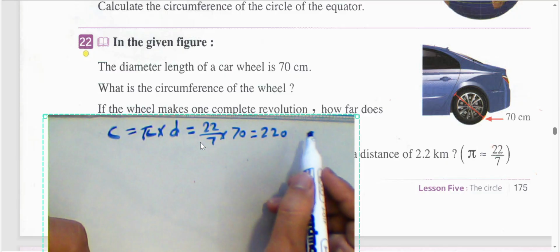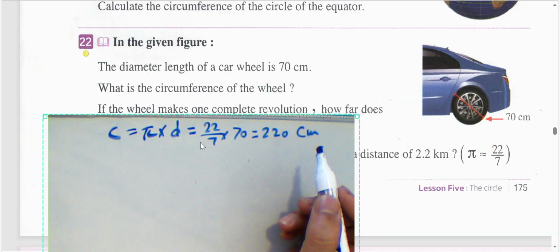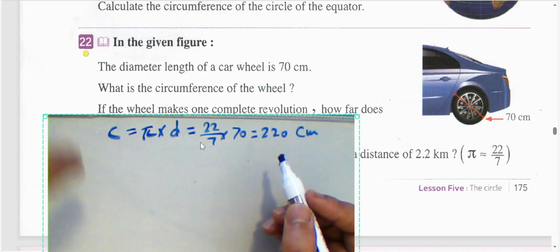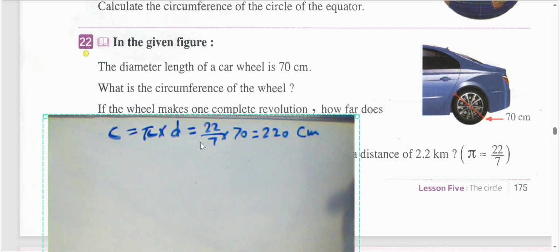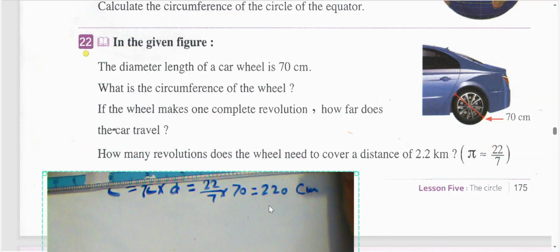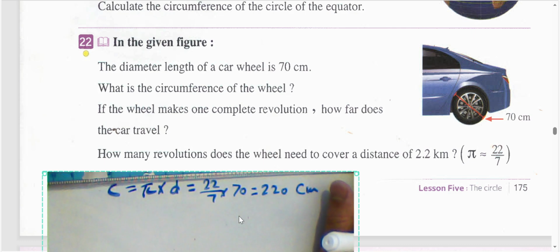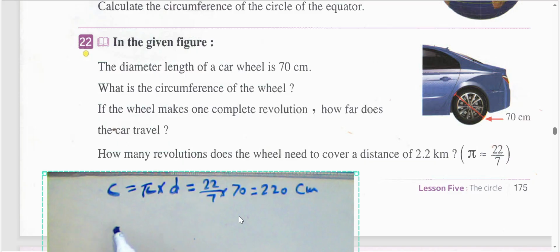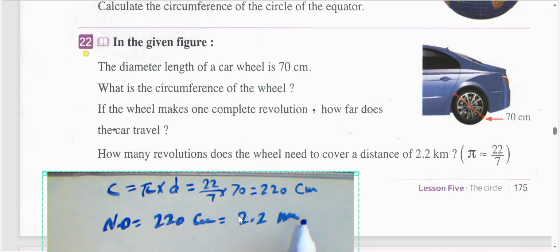And the circumference will be 220 centimeter. Okay, it's the circumference of the circle. And what about the question? How far does the car travel in one complete rotation? It will be equal to 220 centimeter. We can convert from centimeter to meter by dividing by 100, it will be 2.2 meter.